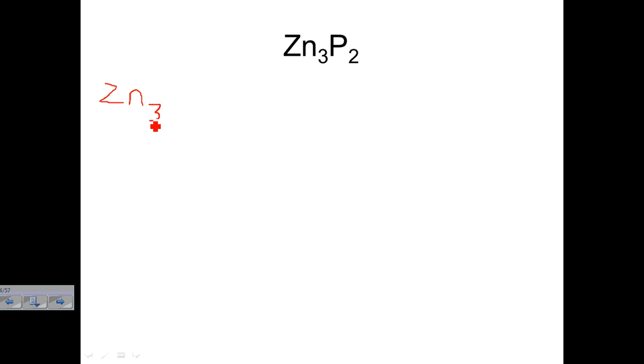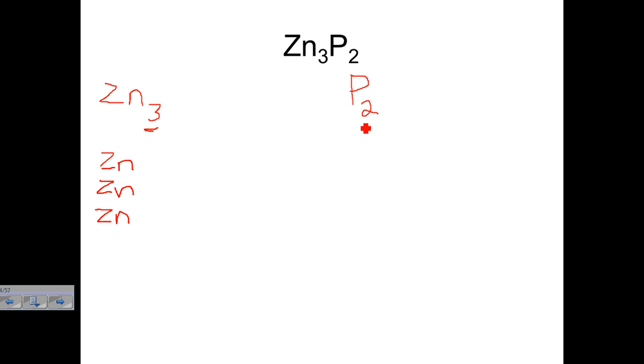So I have Zn3, I have P2. Now I'm going to count how many I have. I have 1 Zn, 2 Zn, and 3 Zn. I have a total of 3.